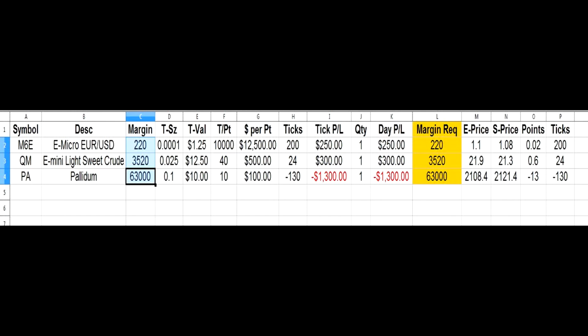Okay? For anybody trading stock, you can afford $220, right? If you got $500 in let's say TD Ameritrade, wherever your broker is, you can trade the M6E futures, because you can buy one contract. $220 is nothing. Okay? So what am I saying?